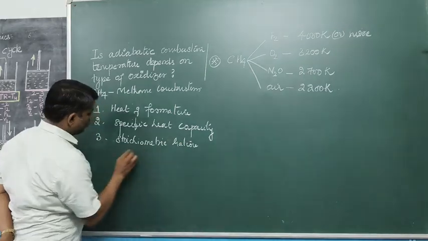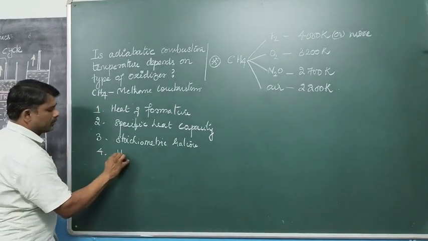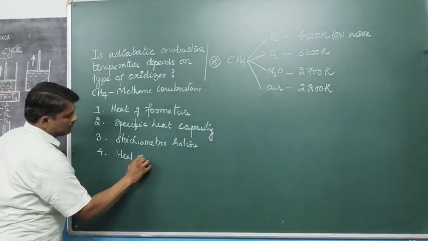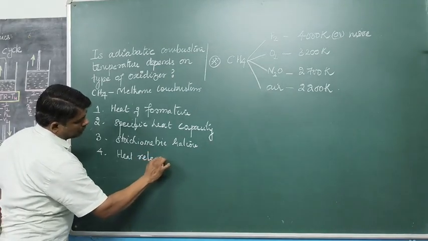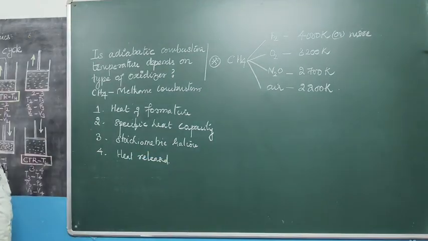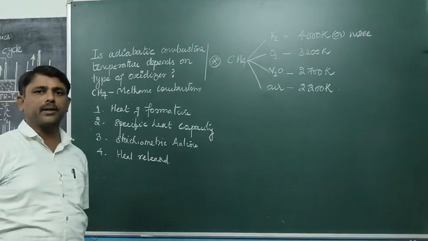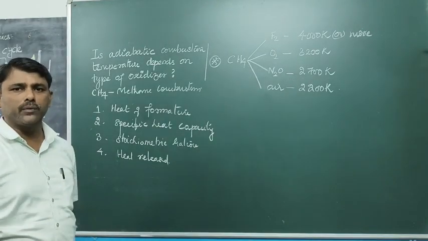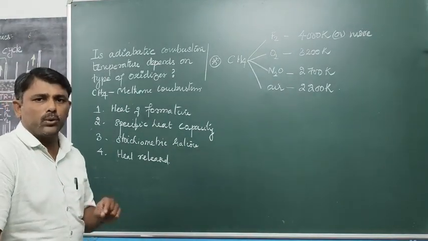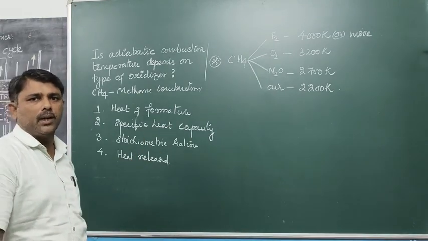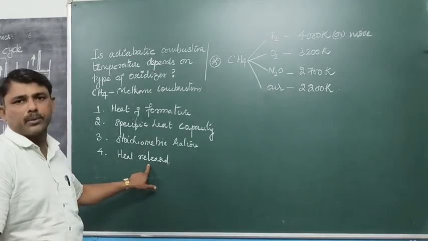Fourth point, amount of heat released. So different oxidizers have different heats of formation and different heat capacities, different moles of oxidizer used for combustion, and different amounts of heat released during the combustion process.